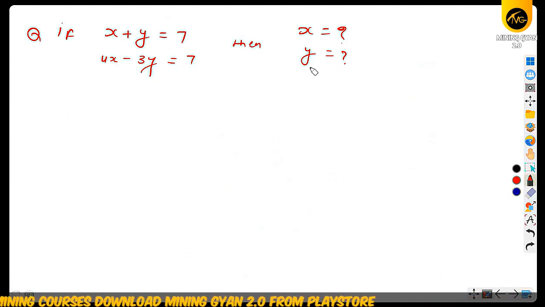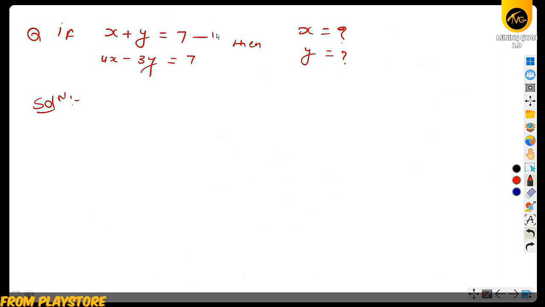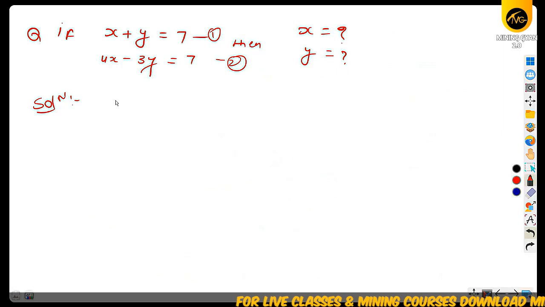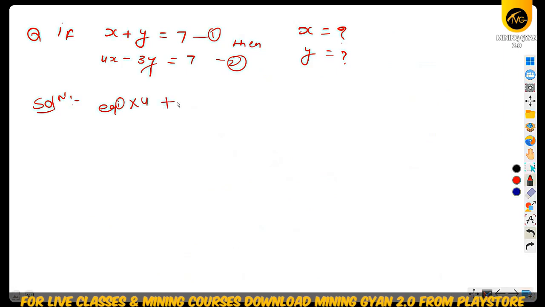Okay. We can directly compare equation 1 and equation 2. So just multiply 4 on equation number 1 and just add both the equations. Equation 1 multiplied by 4 plus equation 2.